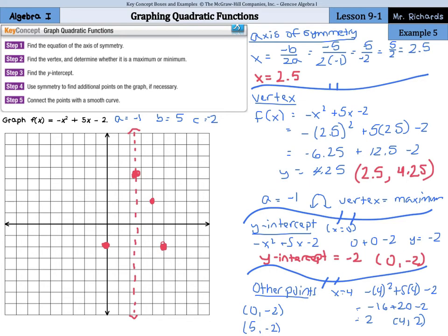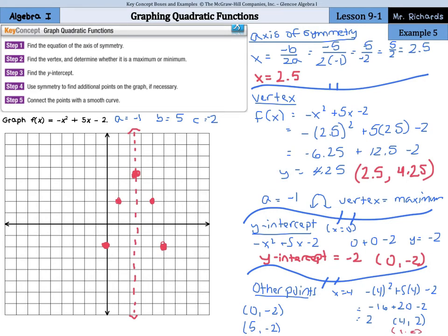And again, I can use the axis of symmetry now to graph a point on this side. Right now this is 1.5 spots away from my axis of symmetry. So I need to be 1.5 spots away on the other side, which is right here, at the point 1, 2.